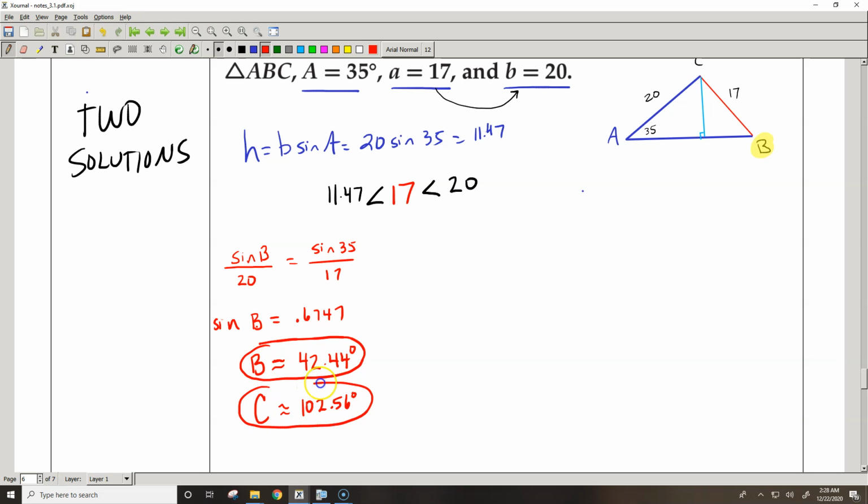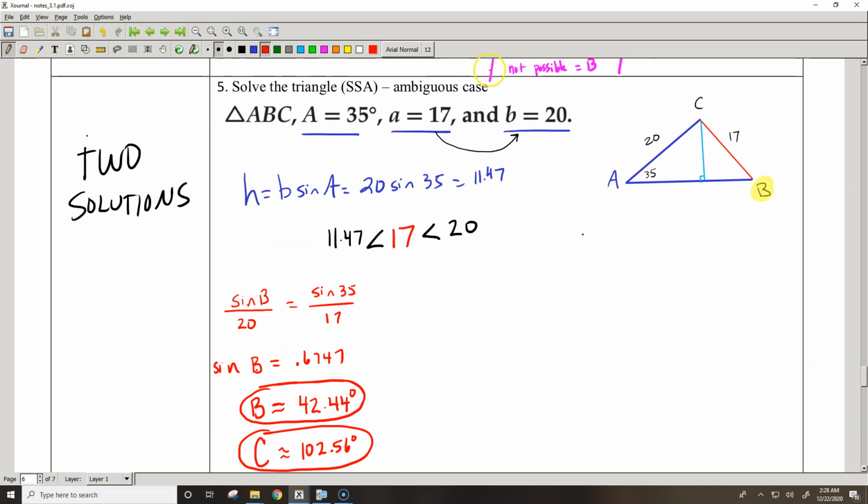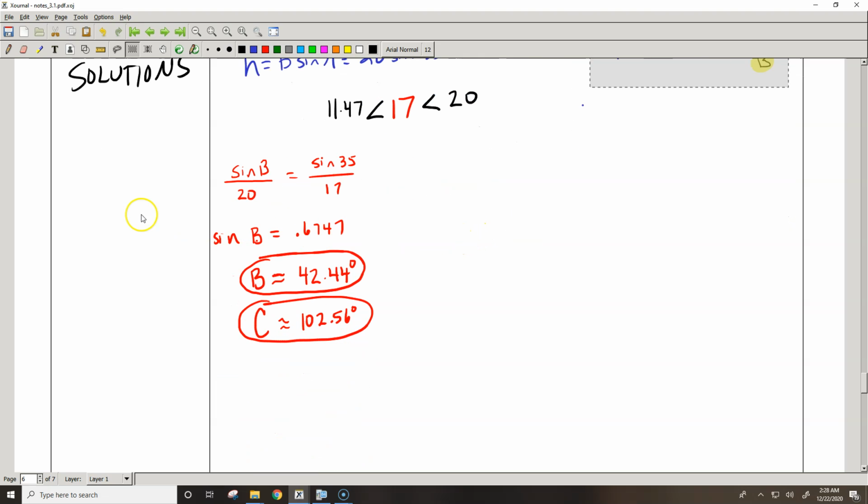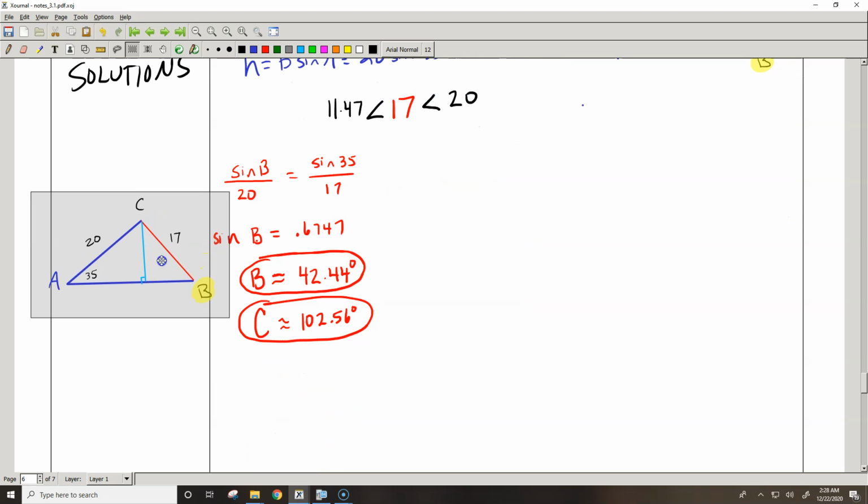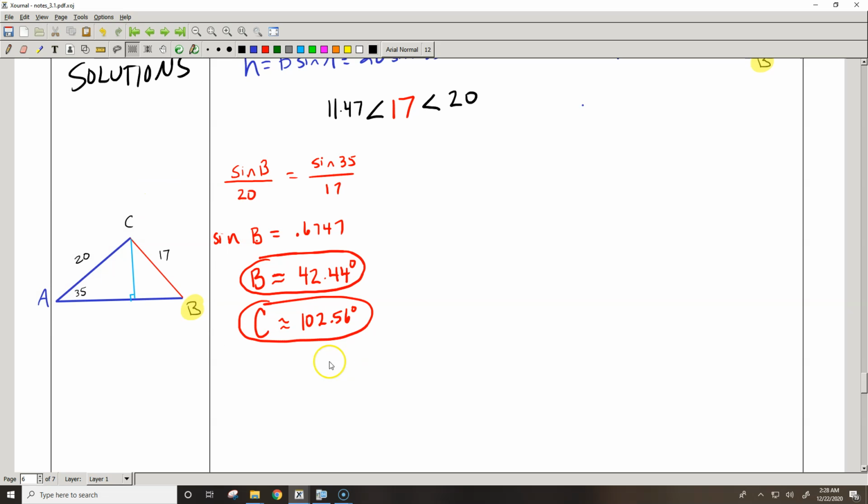So there's my second piece of information. And of course, let me take this picture here and update the information in it. I'm going to put this kind of off to the side here so I can see it better in the notes. So now we know all these angles. The only thing that we need to still find is side C, which is down there.